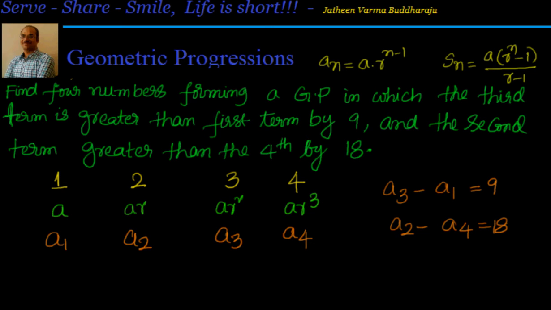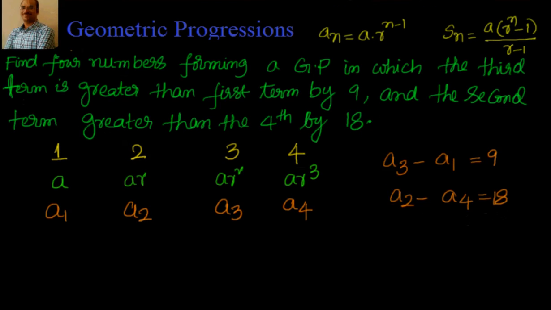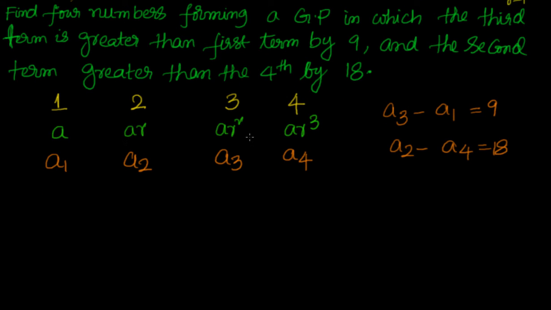Now let us see by substituting the values of A1, A2, A3 what we are going to get. A3 minus A1 equal to 9, so I can say AR square minus A equal to 9.